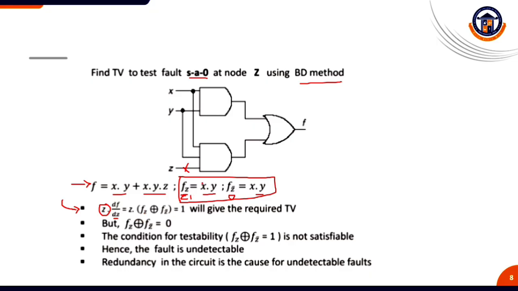Here both values are the same, x dot y and x dot y. What is the XOR logic? Both inputs are same, so we are not able to find the test vector. That is the undetectable concept.